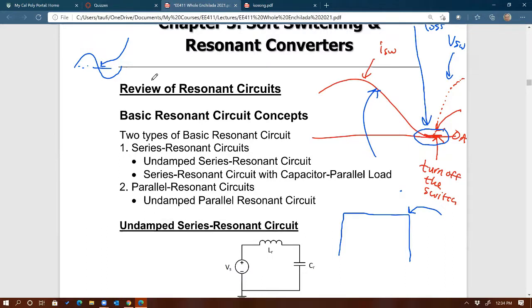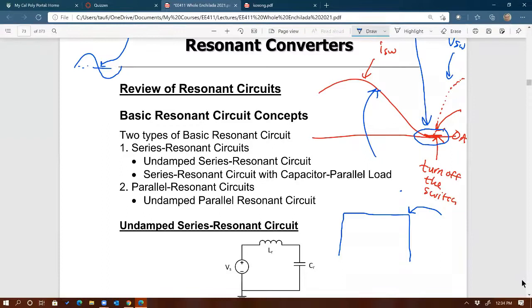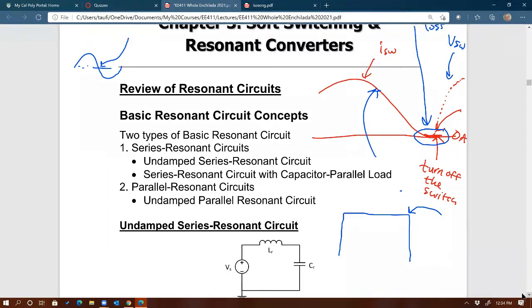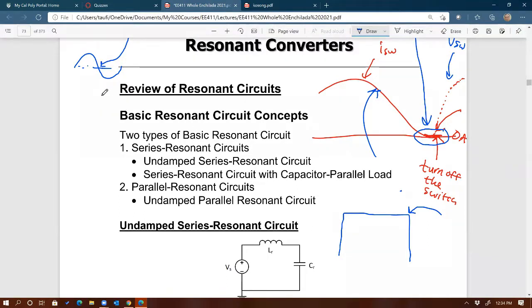And then when that current goes to zero, that will be the perfect time for us to turn off the switch at zero switching current, zero current switching transition, which means V times I is going to be zero, right? If the current goes to zero, doesn't matter what voltage you have, V times I is going to be zero, right? So does that make sense?